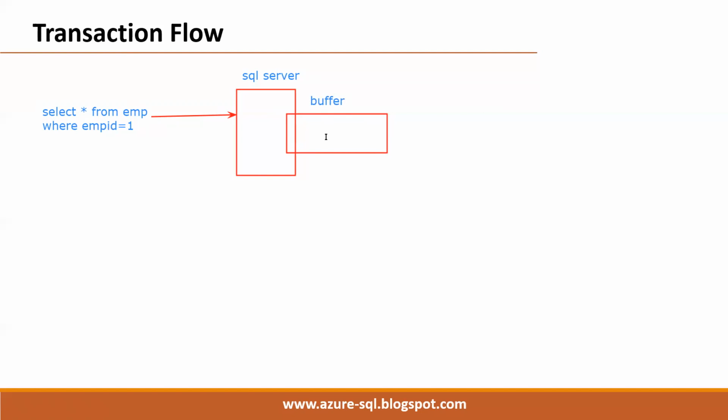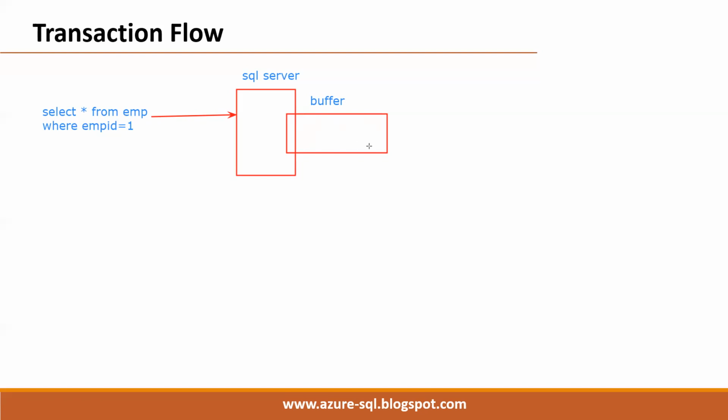Suppose let's say no record found. For example, just now we have restarted SQL Server. Nothing is there in buffer. Okay, buffer is empty, for example. Not exactly empty, we'll see later. Some metadata is loaded actually, we'll see later. So, for example, this record is not there in buffer cache. Then what will SQL Server do?